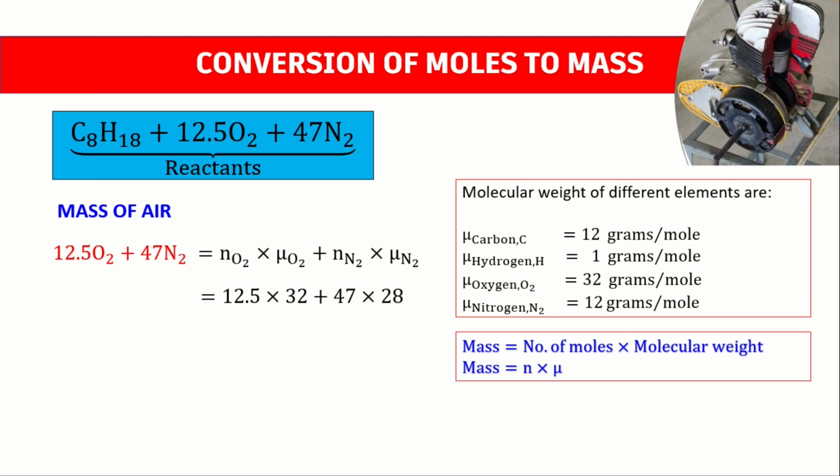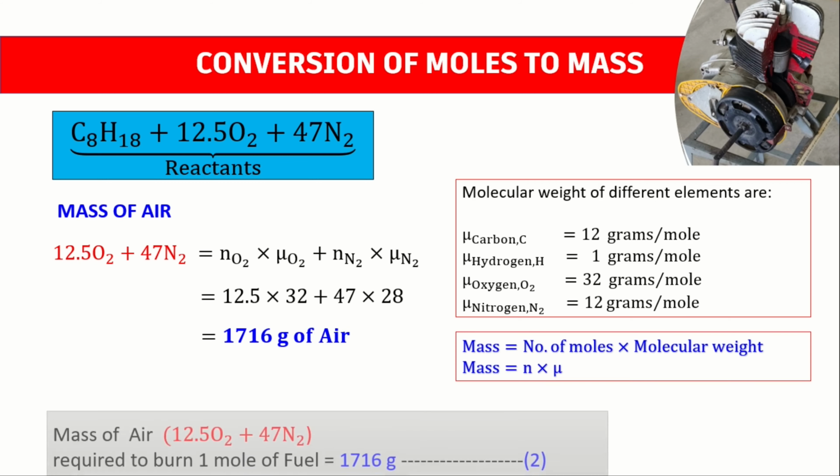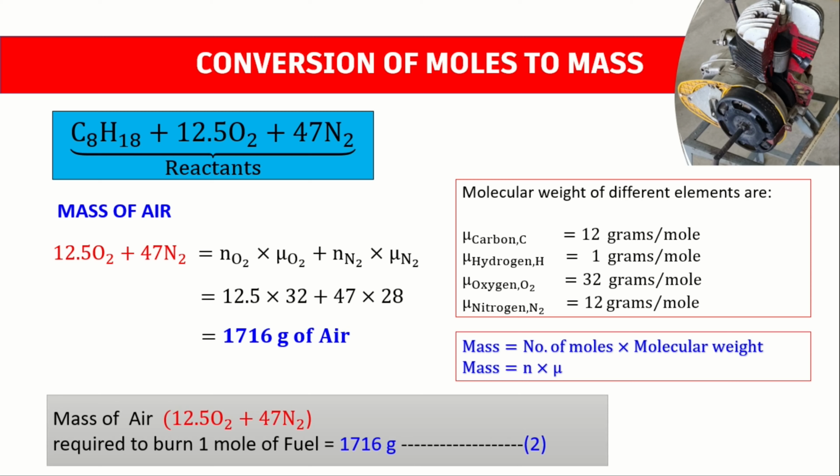The value is 1716 grams of air. So the mass of air, that is 12.5 moles of oxygen plus 47 moles of nitrogen required to burn 1 mole of fuel, is 1716 grams. Let this be equation number 2.